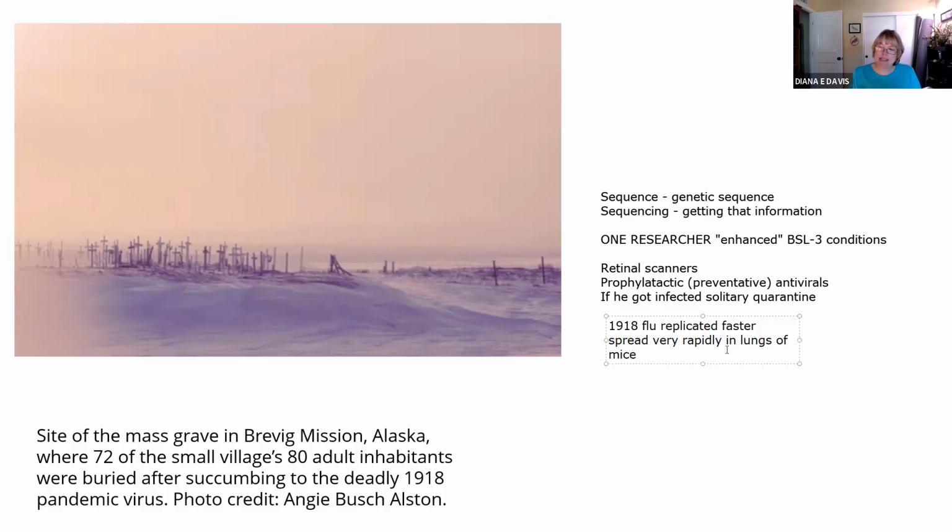This rapid and severe lung damage was common during the 1918 flu. It was something that was seen in a lot of patients. And it was at least 100 times more deadly than modern flu strains.